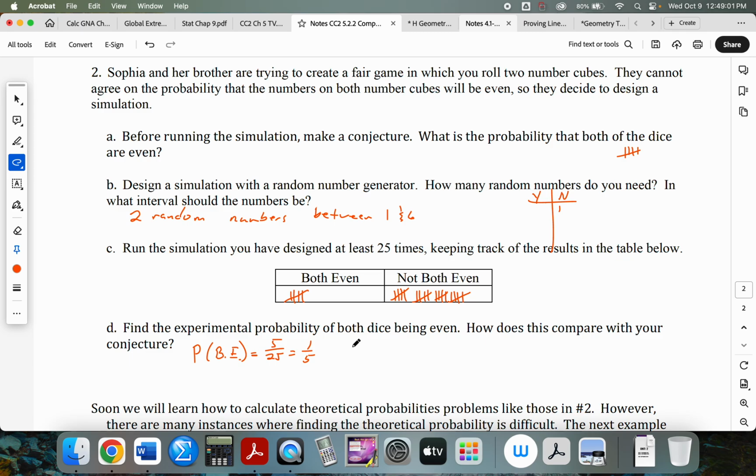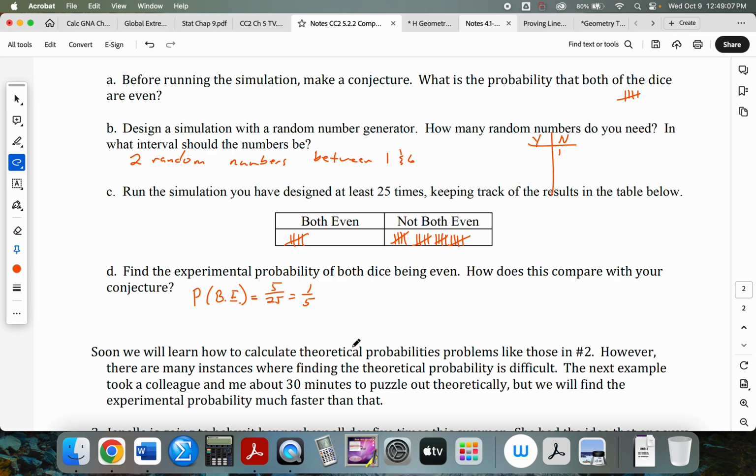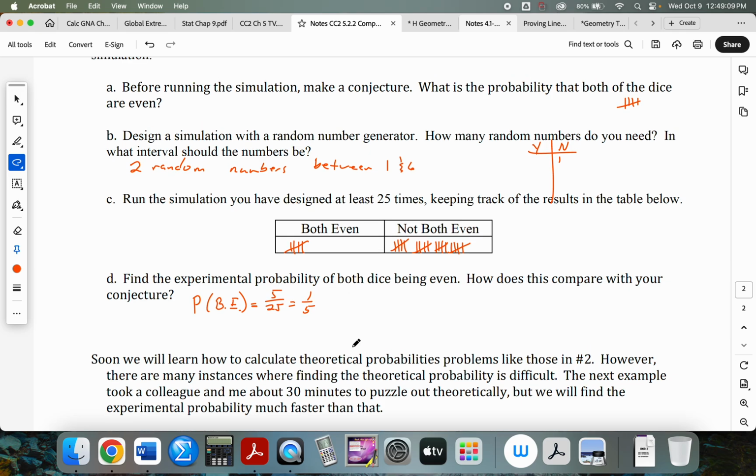Now, I will just tell you, actually, I'll go ahead and show you how to do it. What's the probability of getting an even number the first time? 12.5.